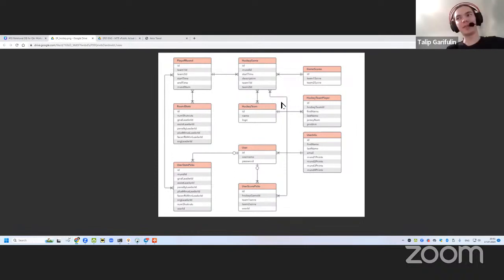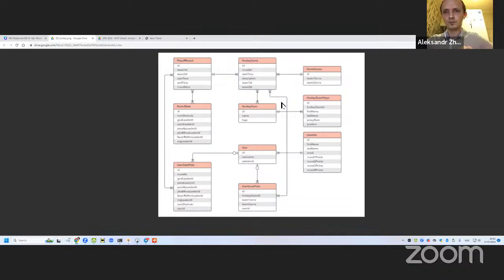So we have foreign keys. I don't know. 2 foreign keys. We have 2 foreign keys, yes. And what could you say about these 2 foreign keys? Alexander?